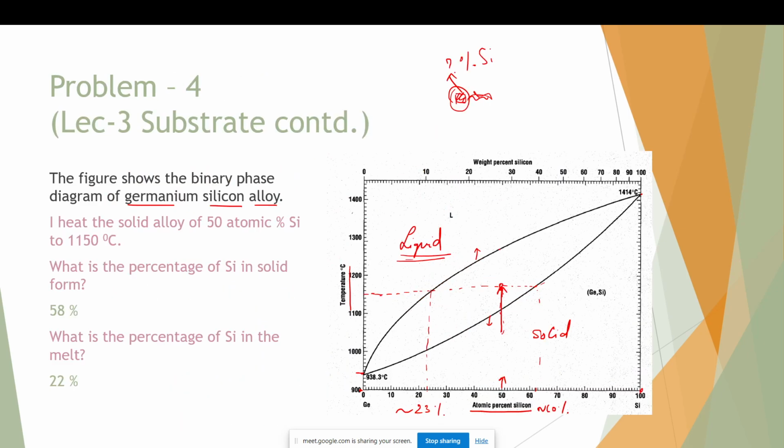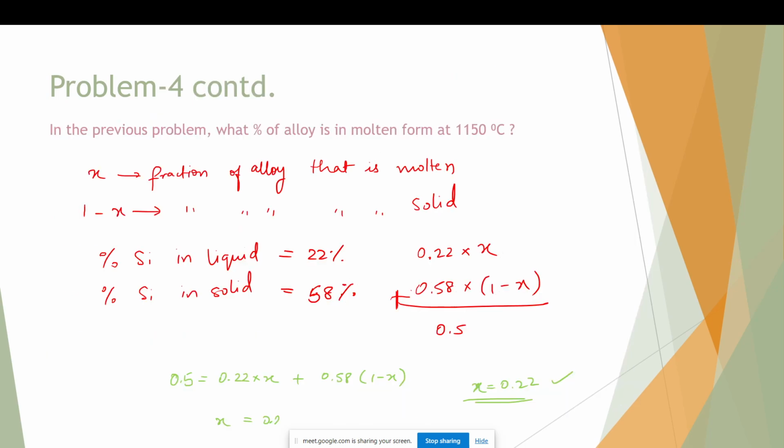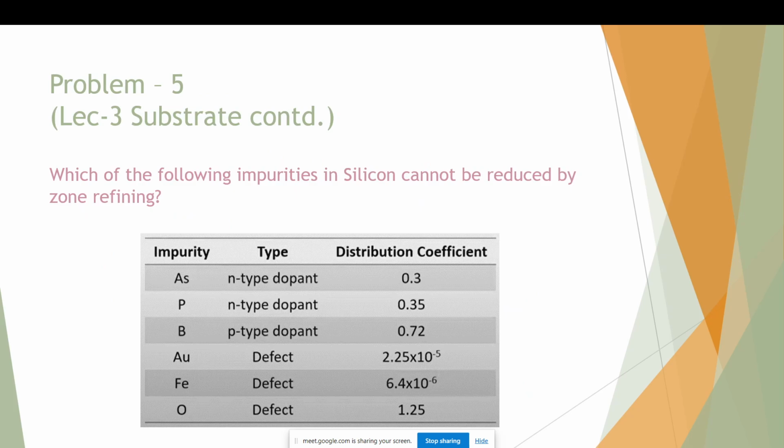Just like we saw in the case of germanium, when we heat it, the liquid will have lower atomic percent silicon, whereas the solid will have a higher atomic percent silicon. Germanium likes to stay in the liquid form, so the silicon that we get in the solid form is purer. Most impurities in silicon actually show this behavior, so we can separate them by solidifying the silicon out of the mixture. That is the general idea of zone refining.